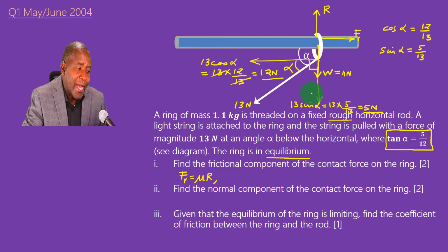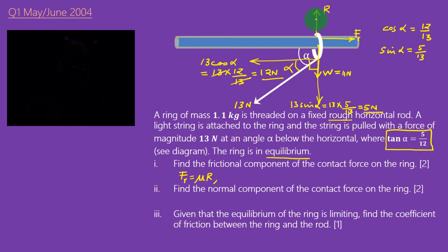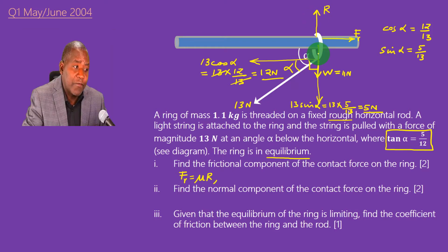Notice that I have resolved this force horizontally and vertically downwards, so it disappears from the equation, and the only forces I have are this one, this other one, this one, and this one. Those are the forces which are acting on this system. In fact, the forces acting on the system are just how many?